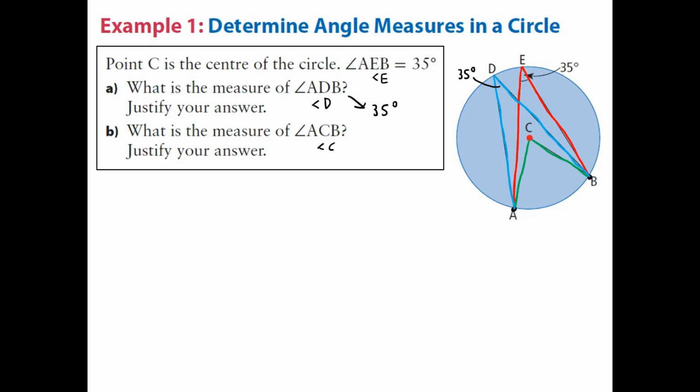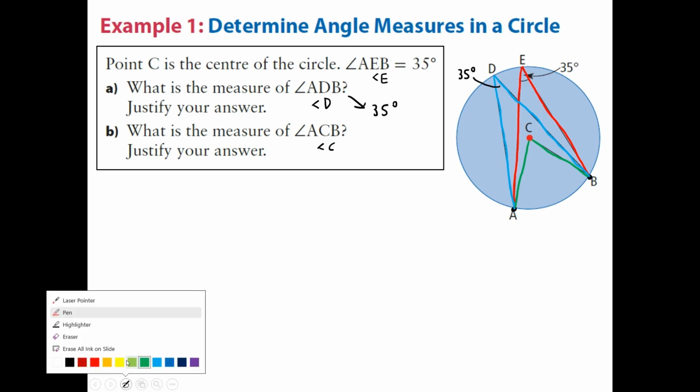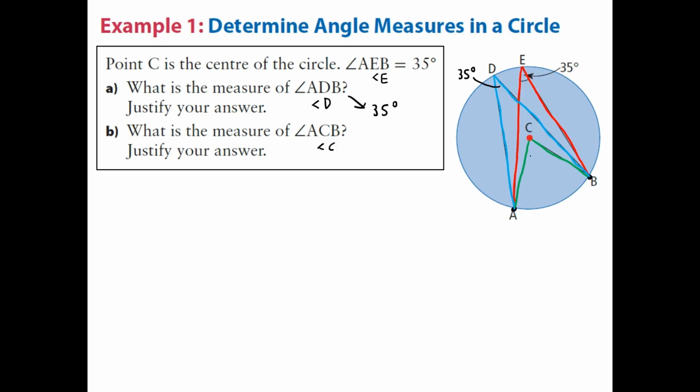However, since it's formed with two radiuses, it's called the central angle. And according to my properties, the central angle must be double the inscribed angle if they share the same endpoints or arc. So hence angle C must be double 35. So angle C must be 70 degrees because 35 times 2 is 70. So hence my answer here is 70 degrees.